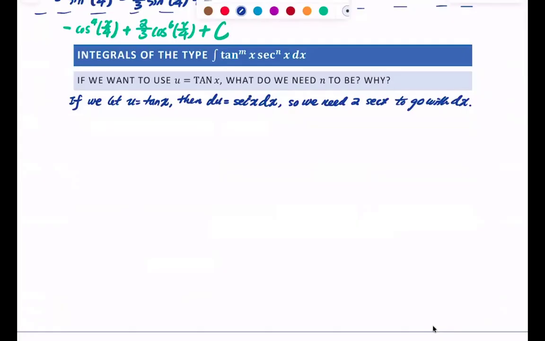Because you can convert tangent to secant, but every time you convert, you get what? You get two at a time. So the number is not gonna work out, right? Okay, so if n is 1, u-sub with tangent will not work.